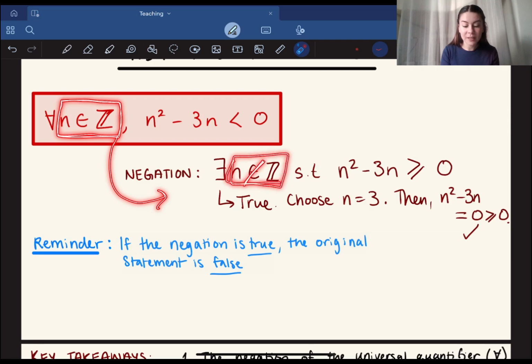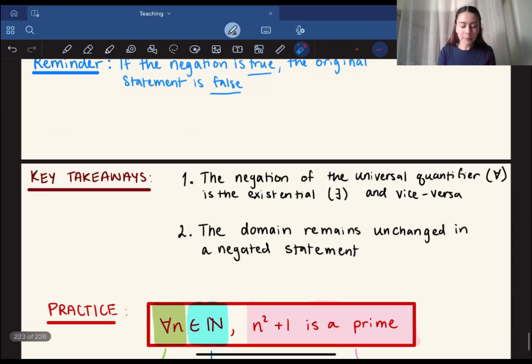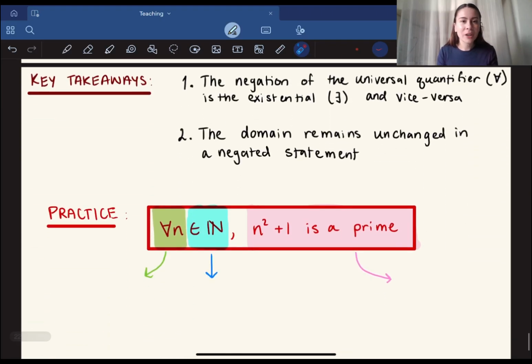This did not change. So our domain remains unchanged. And that is very essential for negating statements, especially statements with quantifiers. So we'll talk a little bit about why the domain remains unchanged and what would happen if we actually changed the domain. But before we do that, let's do another practice problem with universal quantifiers.